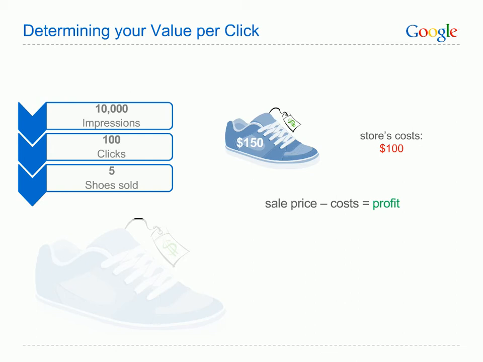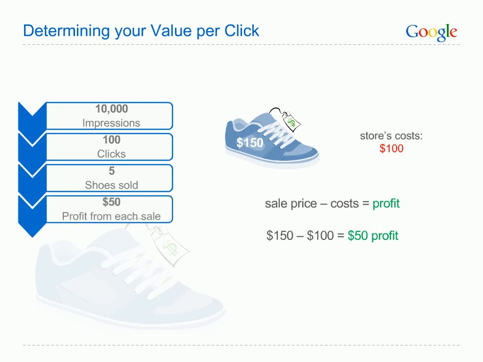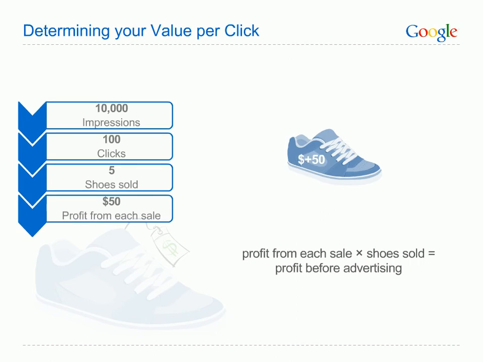To calculate the profit, we'll subtract our costs from the sale price. $150 minus $100 equals $50. So our profit from each sale is $50 before advertising costs.